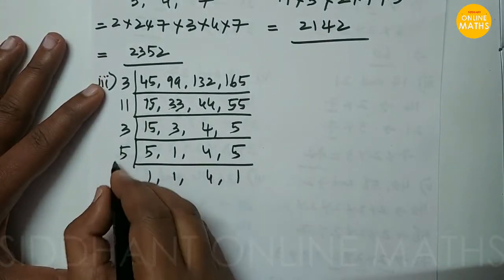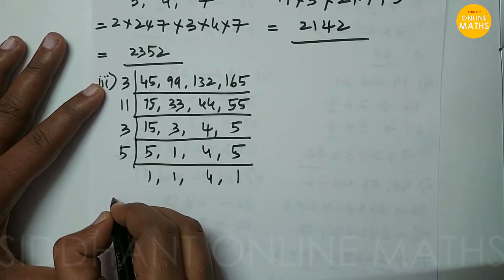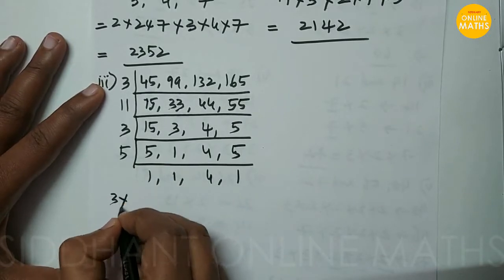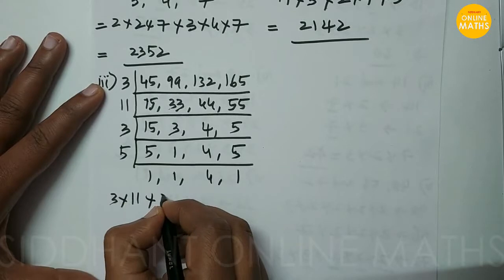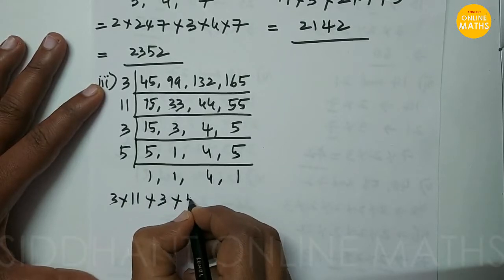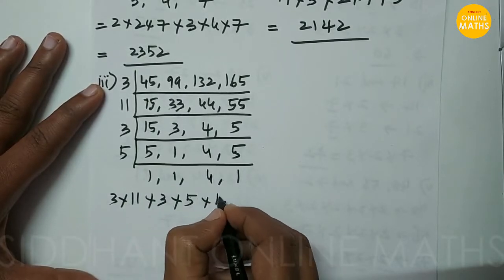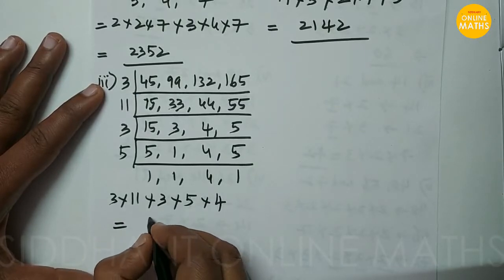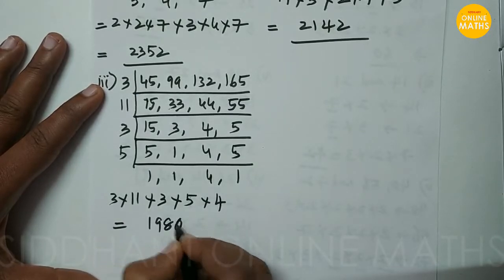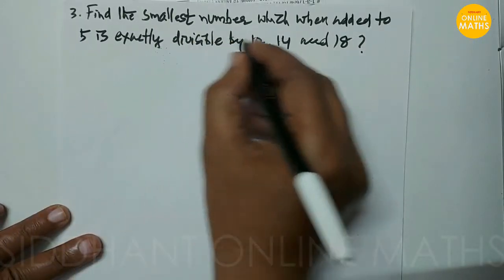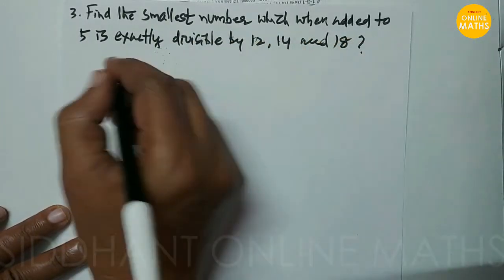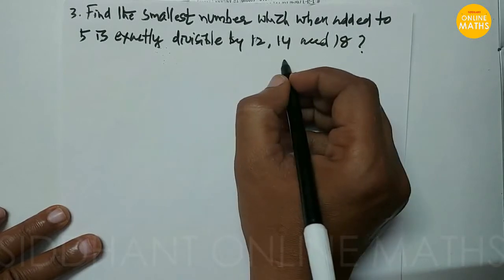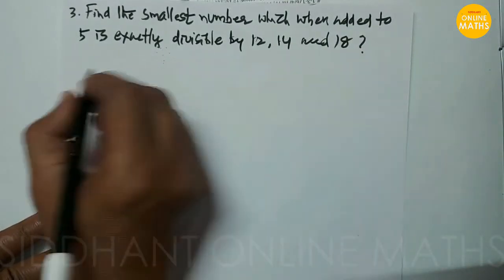So multiplying the divisors and remainders, that is 3 into 11 into 3 into 5 into 4, and we get 1980.